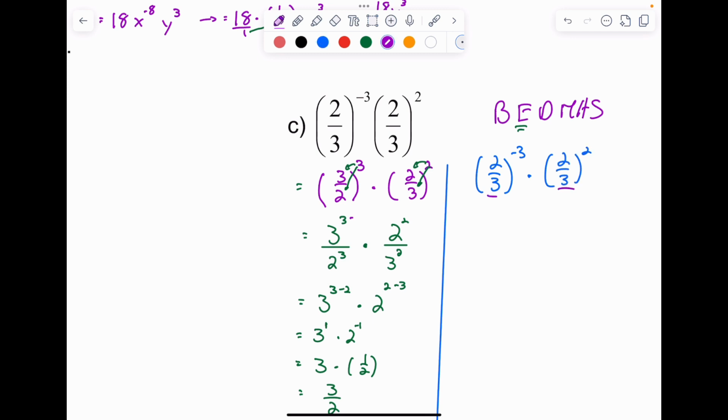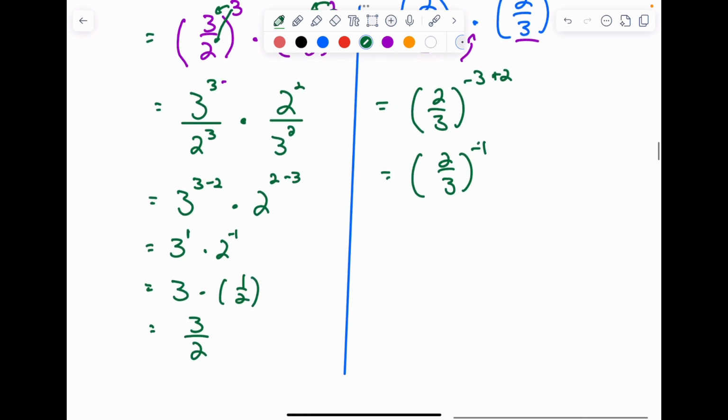Similar bases being multiplied, add exponents. 2 over 3 to the minus 3 plus 2. Well, that's 2 over 3 to the minus 1. Deal with the negative exponent, so it tells you to reciprocate your fraction here. So you get 3 over 2 to the 1, which is really just 3 over 2.